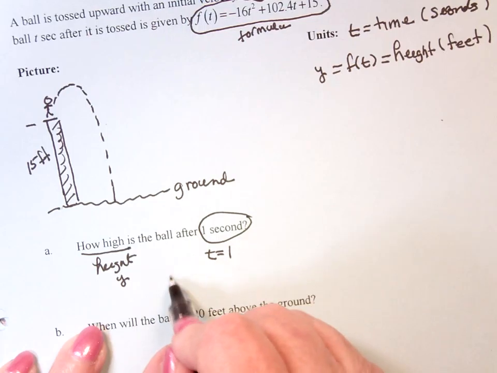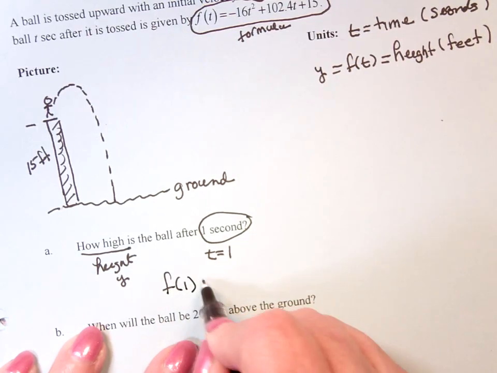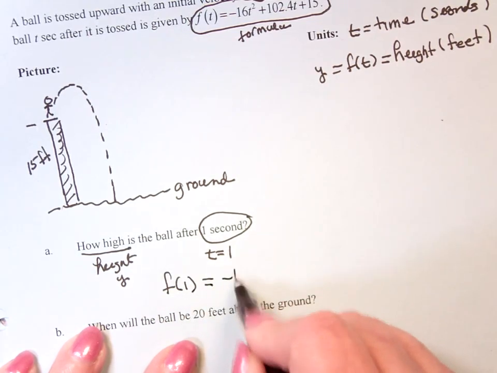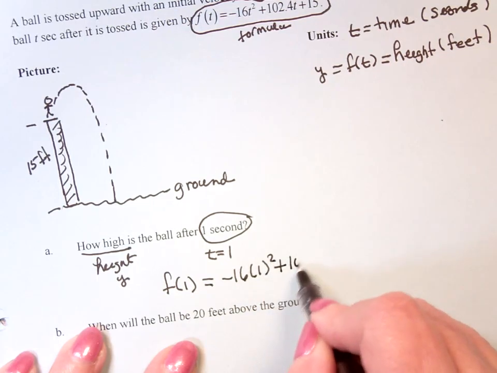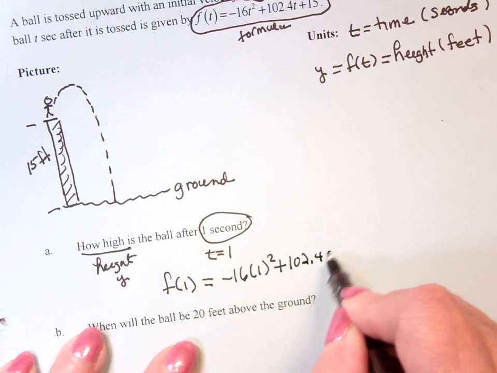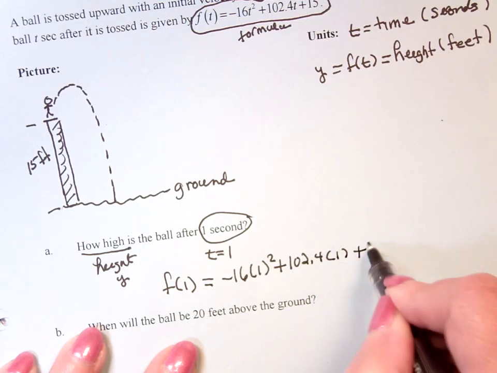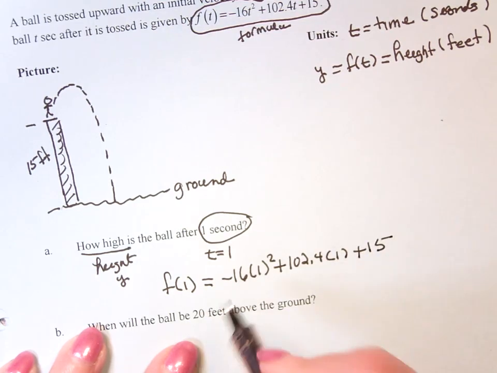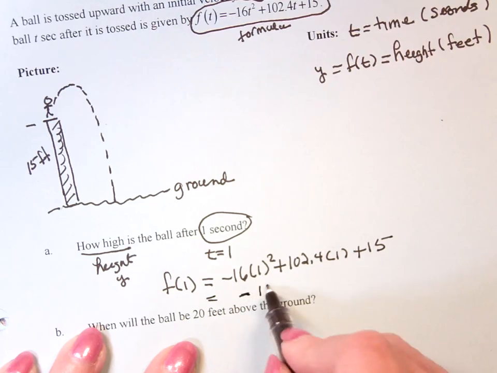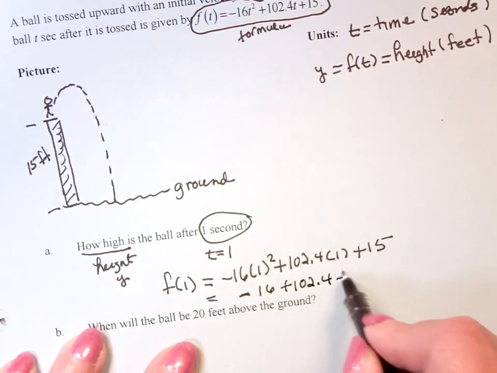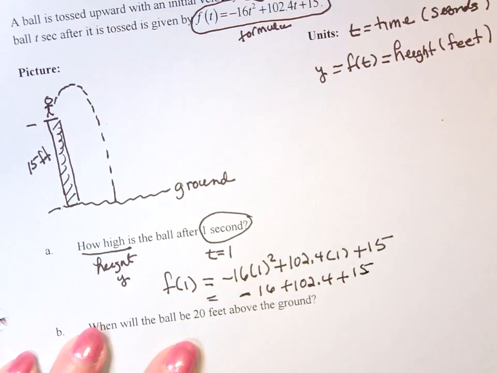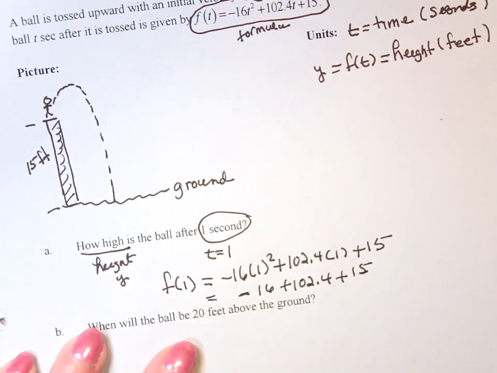So what I'm looking for is f of 1, which is negative 16 times 1 squared plus 102.4 times 1 plus 15, which is negative 16 plus 102.4 plus 15, and now I need my handy dandy calculator.